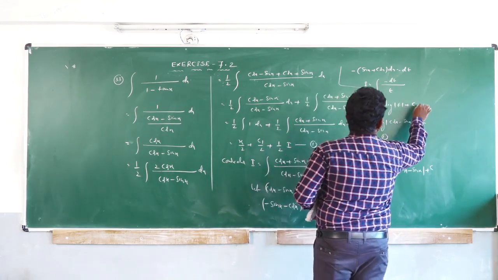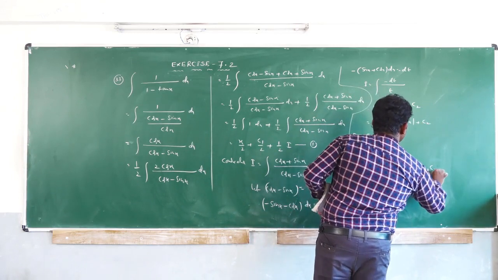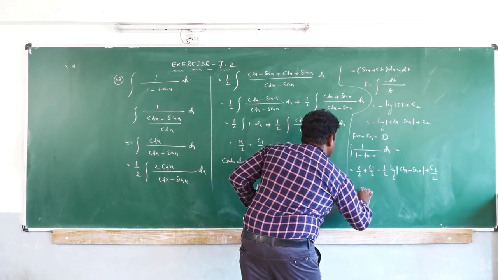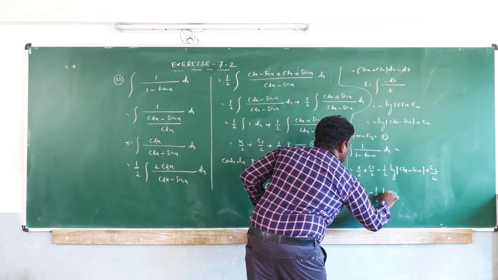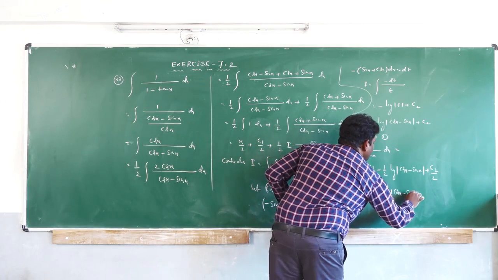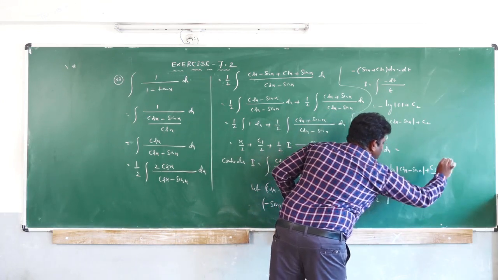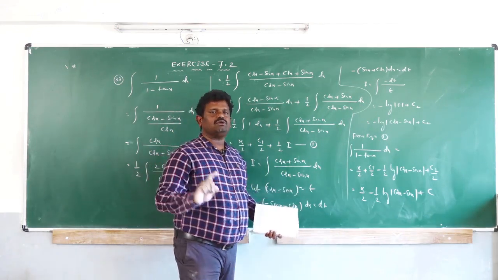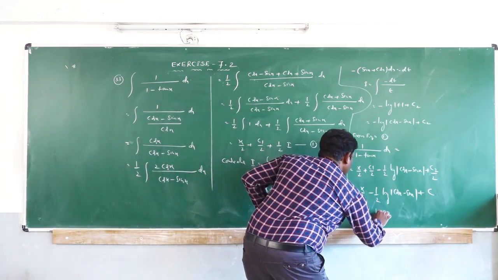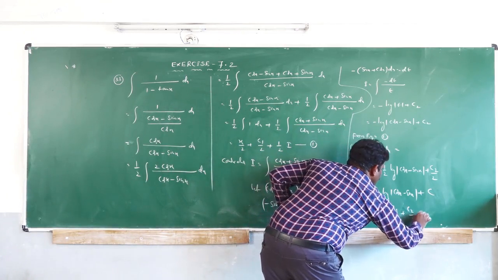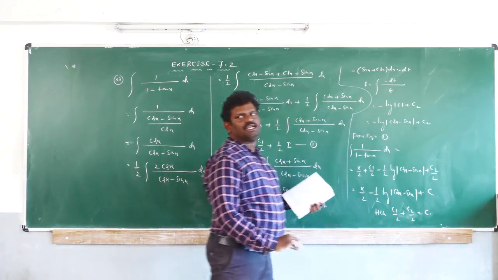Suppose we consider this constant c2, so c2 by 2. Then finally that is equal to x by 2 minus 1 by 2 log of mod cos x minus sin x plus c. Here c1 by 2 plus c2 by 2 is equal to c.